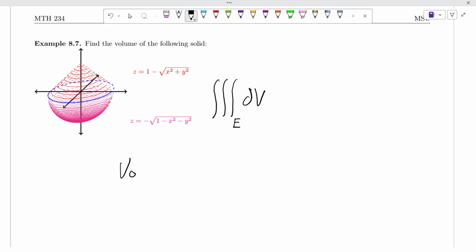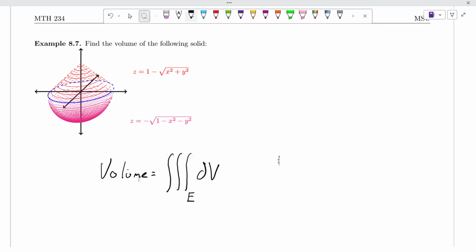Actually, I do want to write it down here, I think. So I need to just set up this triple integral. It should have three integral signs. I'll just draw those in.